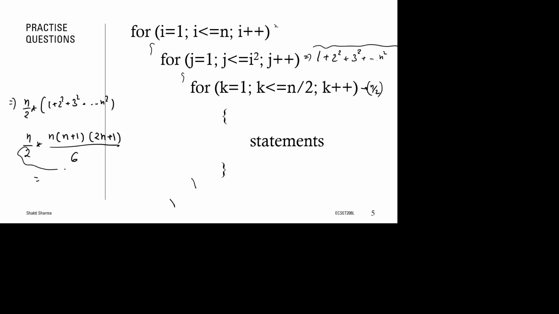Again, we are not worried about these constant terms. Eventually, whatever the highest growing function is here represents the complexity. So we can directly say that this is n raised to power 4, n into n into n into n. So the highest term we get is theta of n raised to power 4.